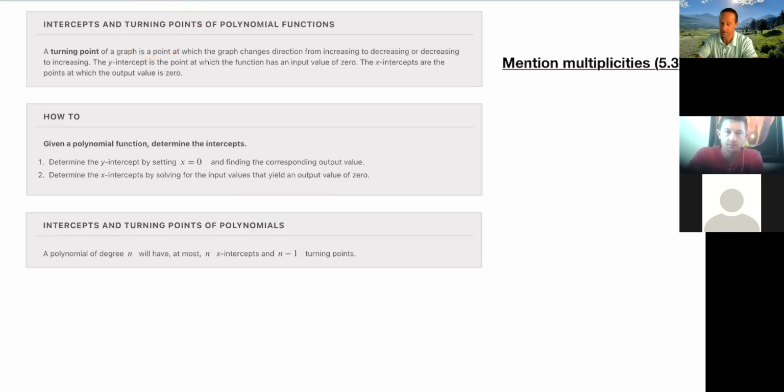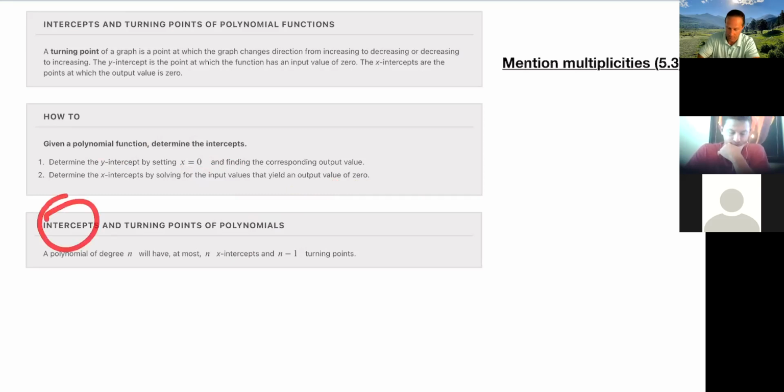But these turning points, you guys will learn more about these in calculus. You'll find better ways to find these in calculus. But the better you understand it now, the easier it's going to be when you get there. All right. So if you wanted to find polynomial intercepts, nothing's changed. Let x equal 0 or let y equal 0.